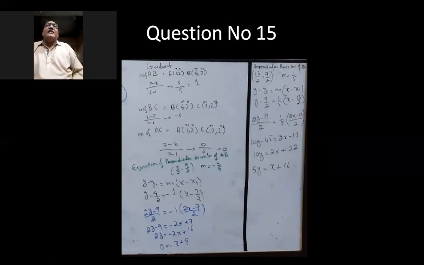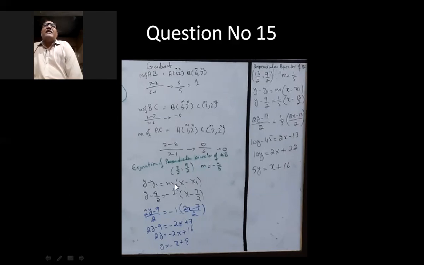So the gradient of the perpendicular to the AB will be minus 1. It will be the reciprocal and its sign will change. So here we have found the equation of that perpendicular bisector.